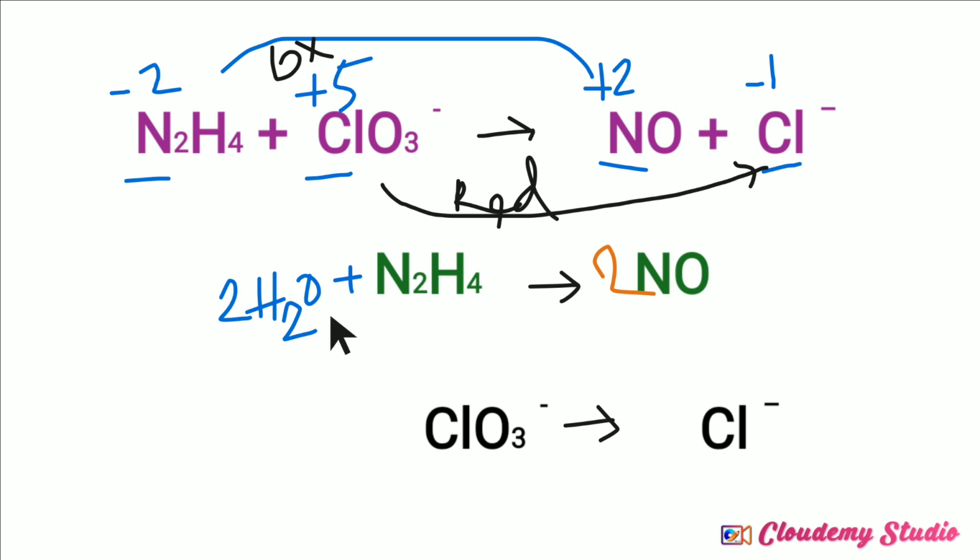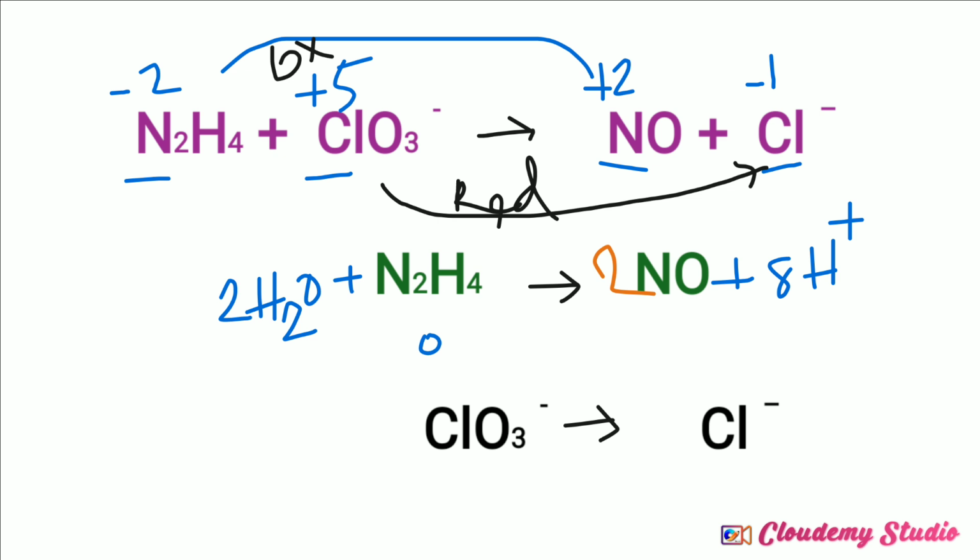Therefore, in order to balance these 8 hydrogen atoms, we need to write 8 hydrogen ions on the right hand side. 8 H plus are added. On checking the charges of the equation, on the left hand side, water as well as hydrazine are both neutral compounds. Therefore, the total charge on the left hand side is 0.